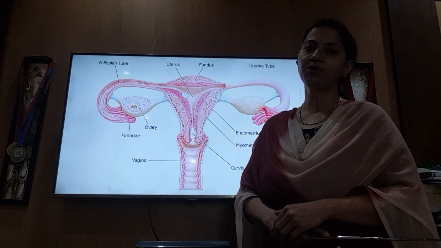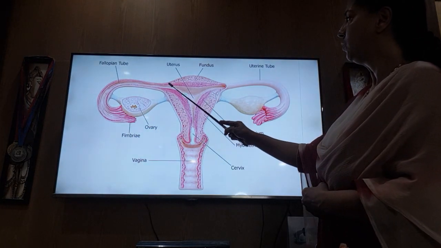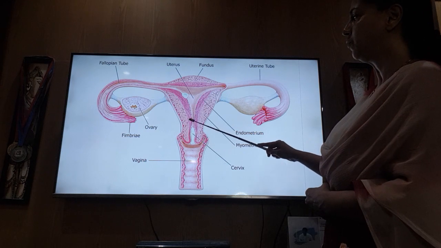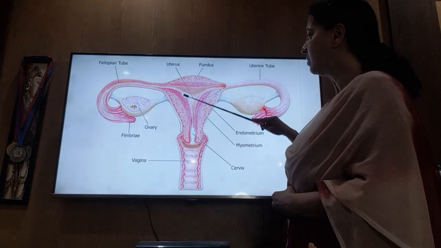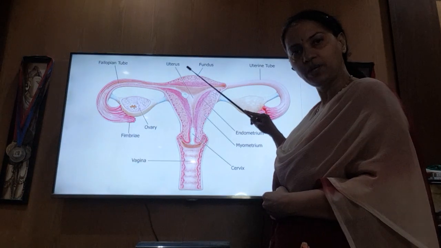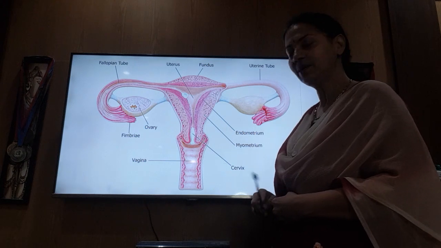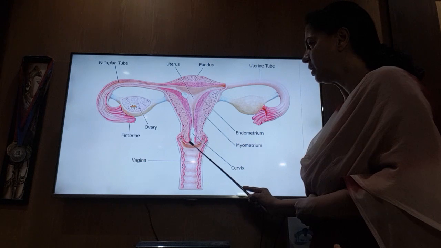Now the parts of the uterus. You can see here the uterus is broad above and narrow below. So broadly it is divided into two parts. The upper part is called the body. The lower part is called the cervix. Clear? So this is the cervix, the narrow part which is projecting into the vagina.